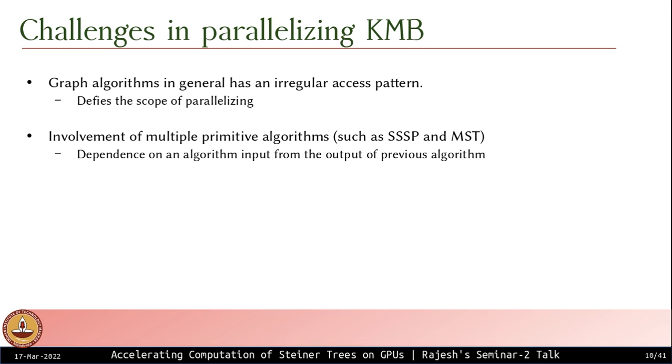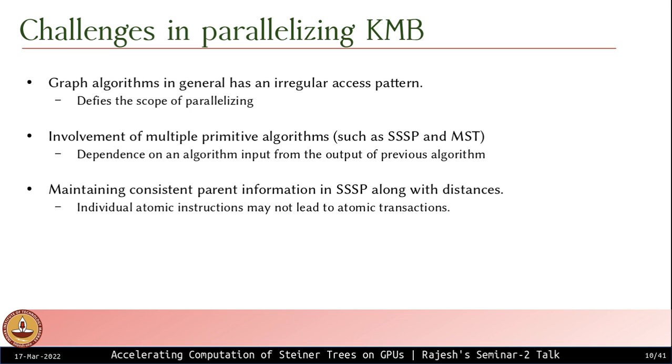Similarly, it has a minimum spanning tree computation inside it. When multiple primitive algorithms are involved, we need to interface the algorithms and change the input accordingly. So there is a dependency in passing the graph from one algorithm's output to the other algorithm's input. So this is a challenge.